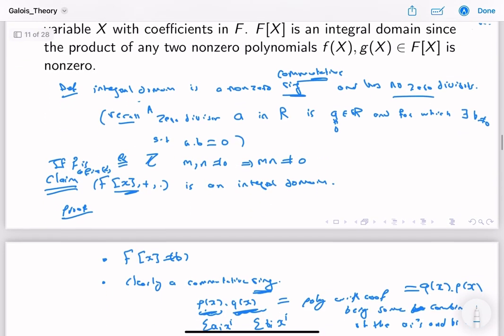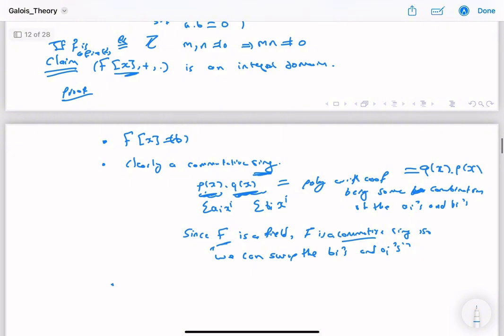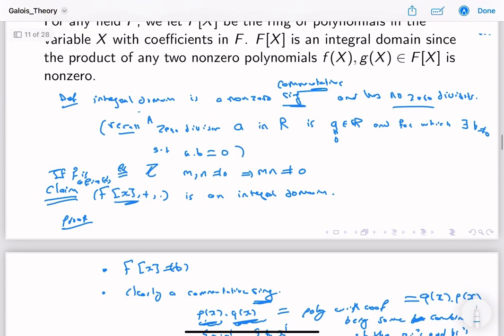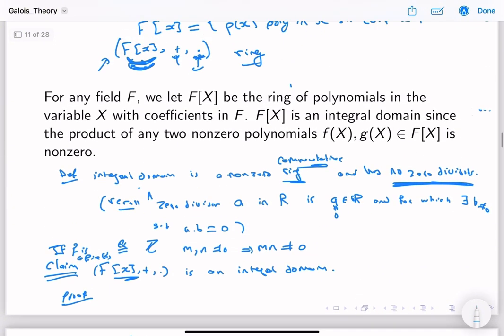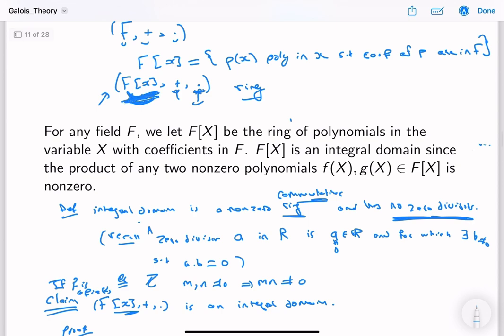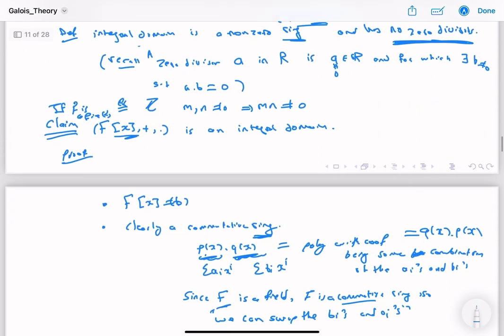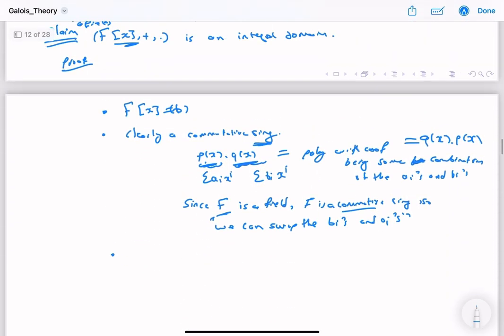So the last thing we need to check to complete the proof here is that there are no zero divisors in this thingy, right? So we want to show that F[x] has no zero divisors.